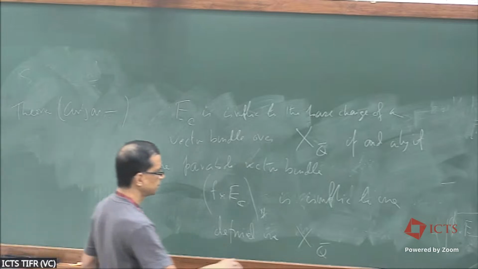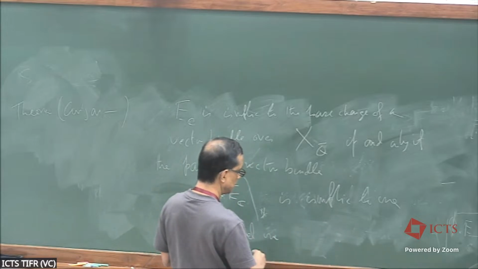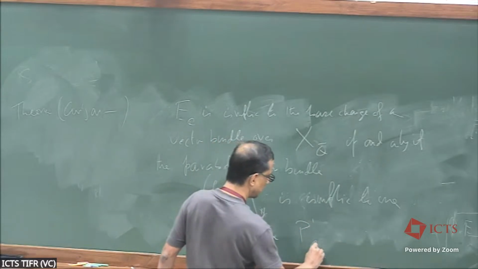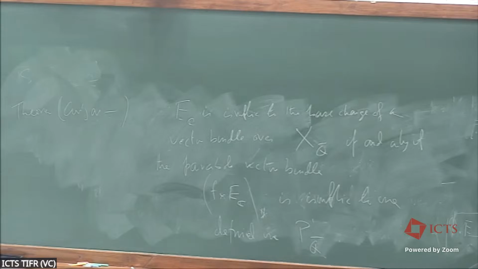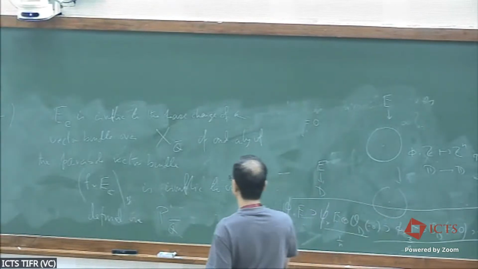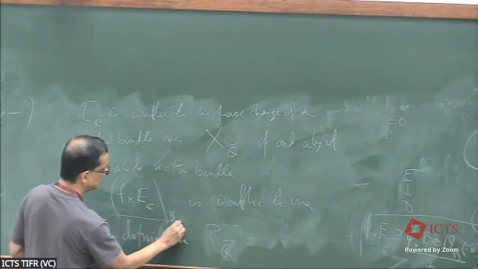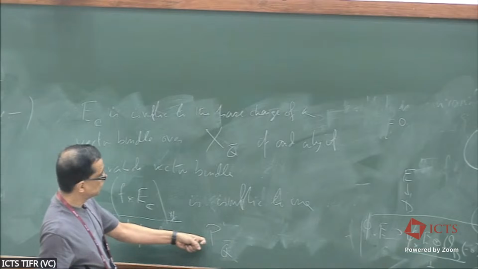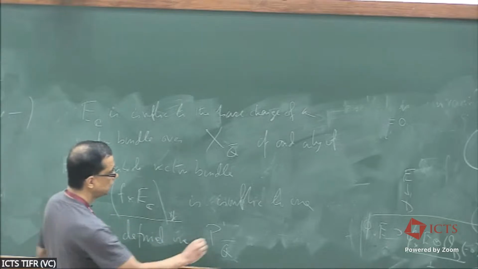Sorry, what have I written? P1 Q bar. Sorry, no. This is over Q bar. Okay. So look, CP1, but the condition is that this should be isomorphic to a parabolic bundle defined over P1 Q bar.